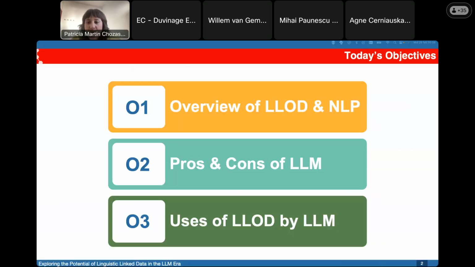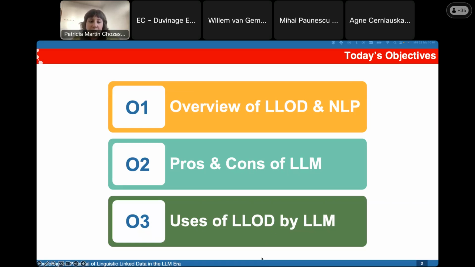For today, we have 3 objectives. The first one is to give you an overview of what Linguistic Linked Open Data is, quickly, because I assume that you already know that, and its role in natural language processing tasks.